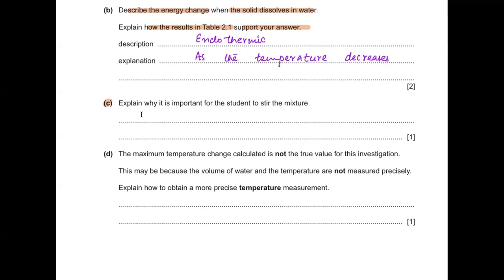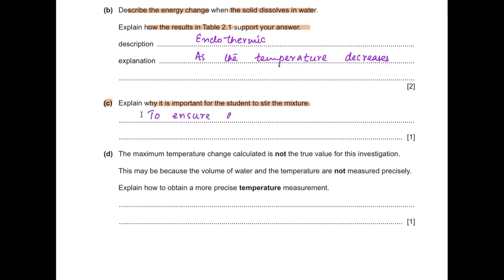Now, C part, explain why it is important for the student to stir the mixture. So see, we are stirring, so it helps us to ensure that the whole solution has the same temperature. And the other thing, we have added the solid, so to ensure that all the solid gets dissolved. So you can write any one of the options.